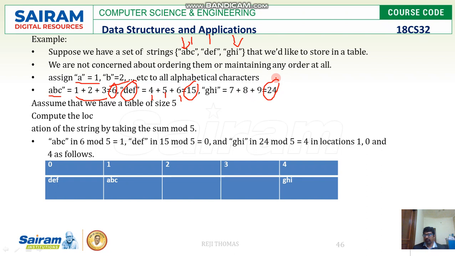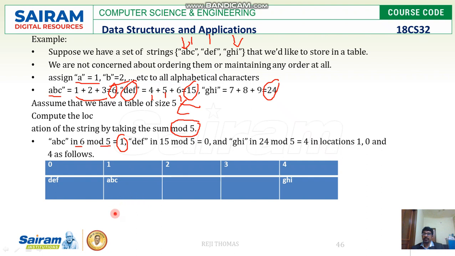Now, after getting these values, think that our table size is fixed at 5. If it is 5, I cannot store 6, 15, and 24 directly. So I'll take mod 5 for this because my table size is 5. When I take mod 5 of ABC, I got the value 6, and 6 mod 5 will give me 1.